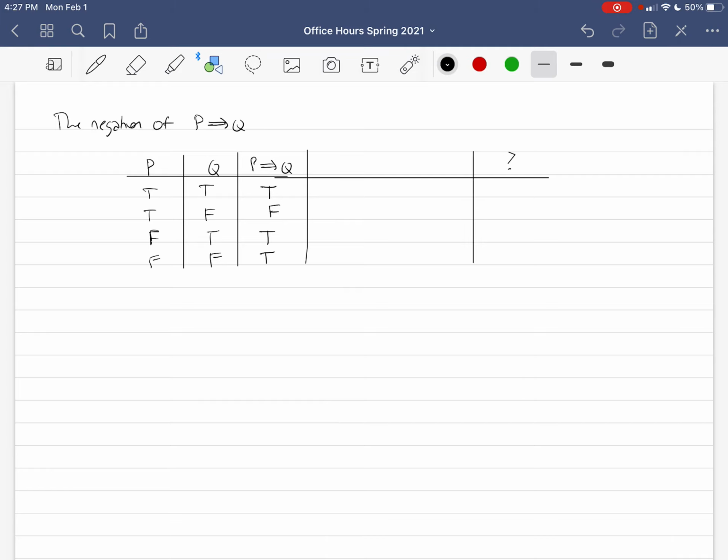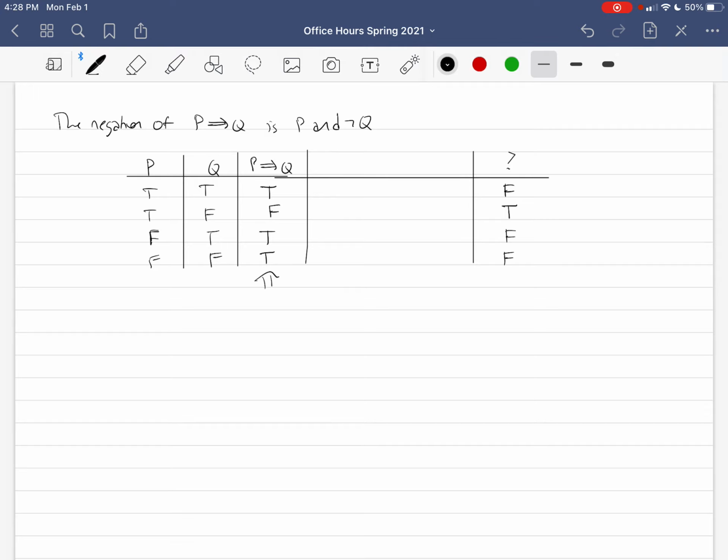So whatever my negation is, I want its truth values to be the opposite of here, so I want it to be false, true, false, false. Okay. All right, now I claim that the negation of P implies Q is P and not Q.